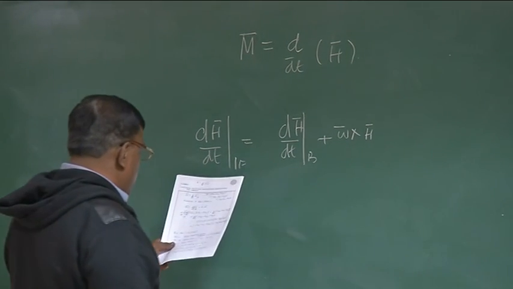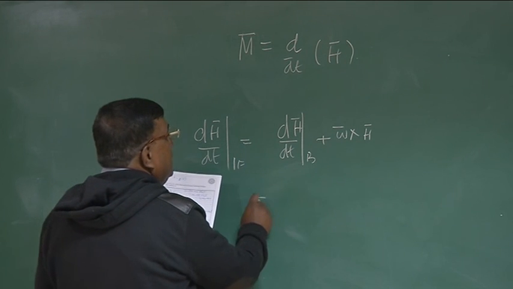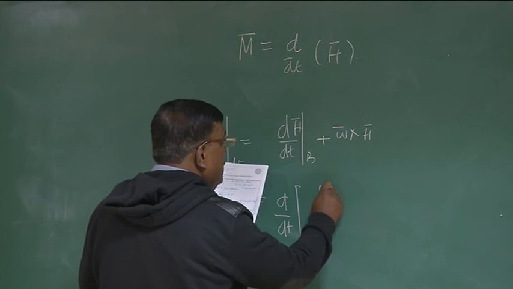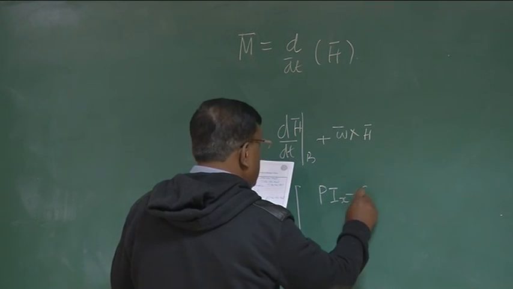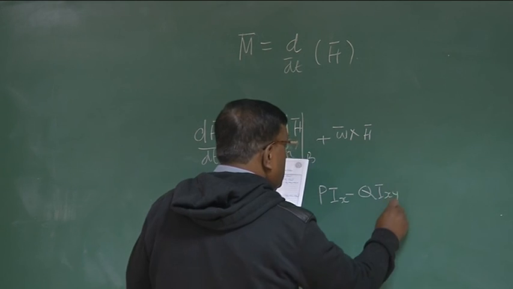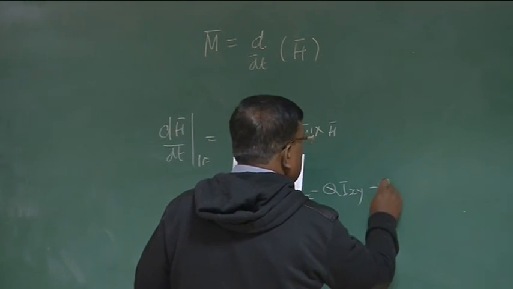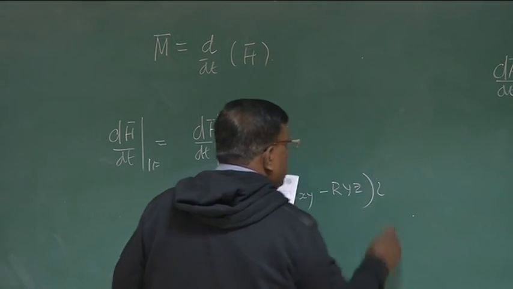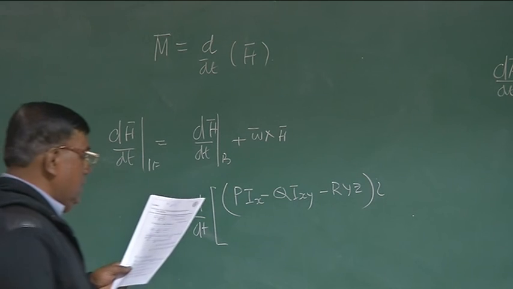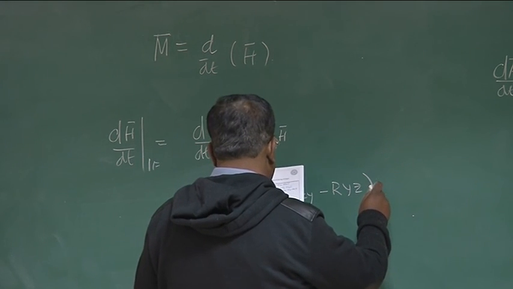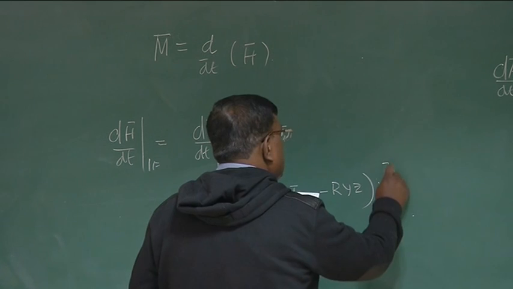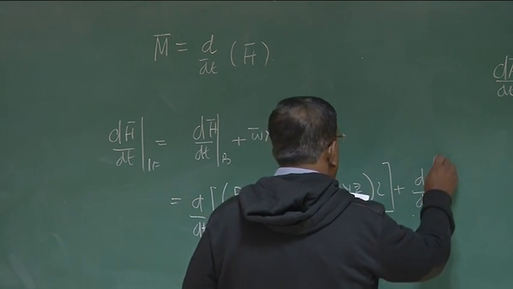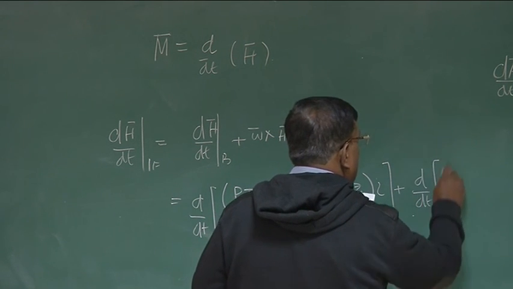We know the components of H, so I will simply write this as d by dt of p Ixx minus q Ixy minus r Ixz, and this is now i prime, that is in the body frame. This is the first term, and the second term will be d by dt of, what is this term?